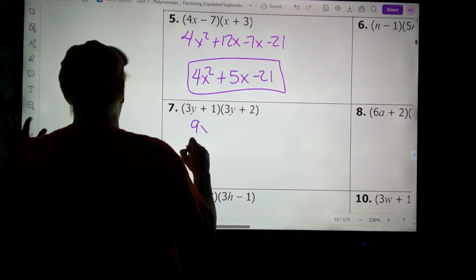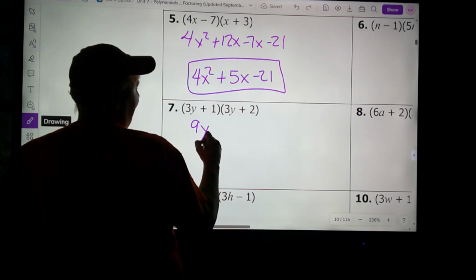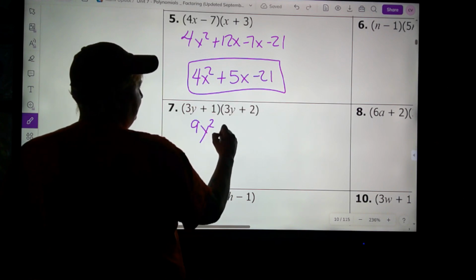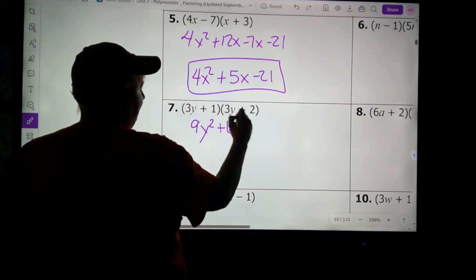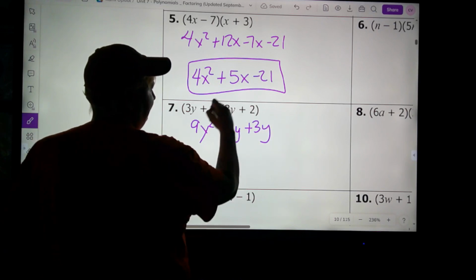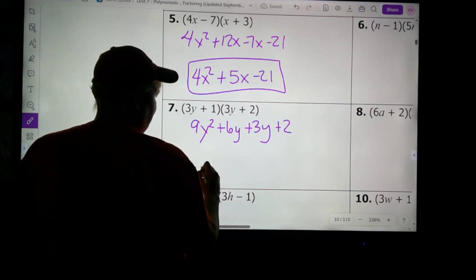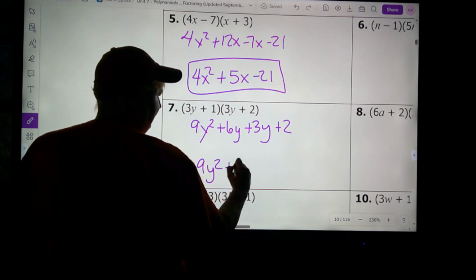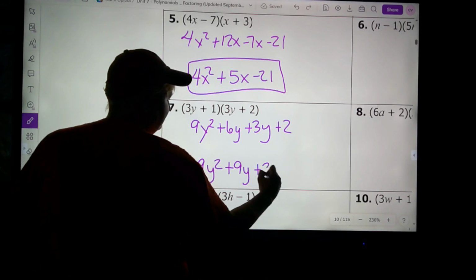Woo, almost done. 9y squared plus 6y plus 3y plus 2. 9y squared plus 9y plus 2.